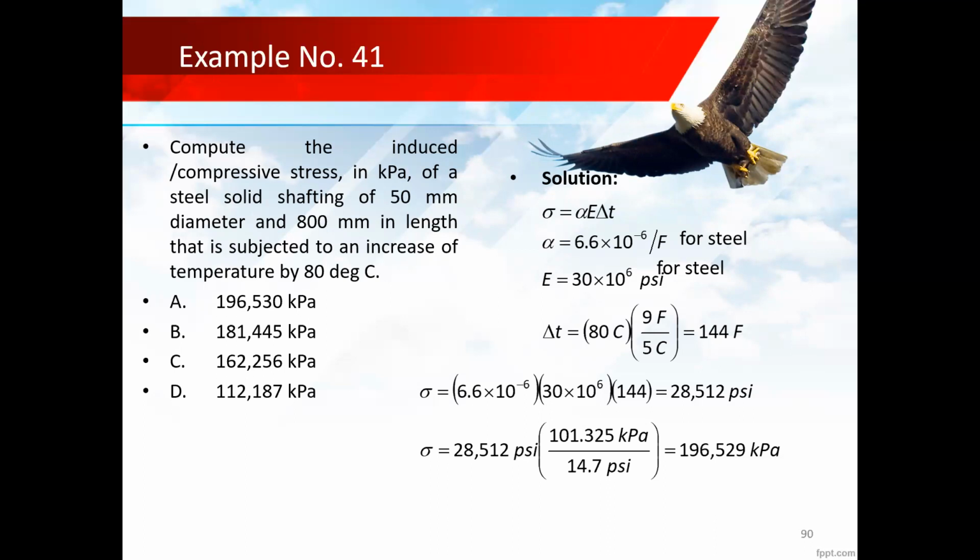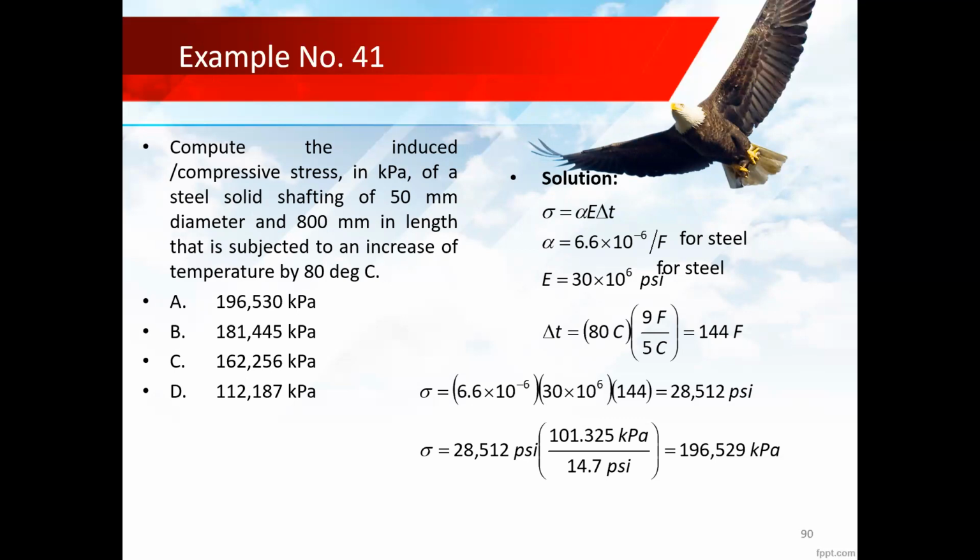So para makuha mo yung malapit na sagot. E is equal to 30 times 10 exponent 6 PSI. So delta T is equal to 80 times 9 over 5, is 144 Fahrenheit. Since ang value natin is PSI, di ba? Convert yung 80 Celsius, 80 times 9 over 5 lang, is equal to 144.